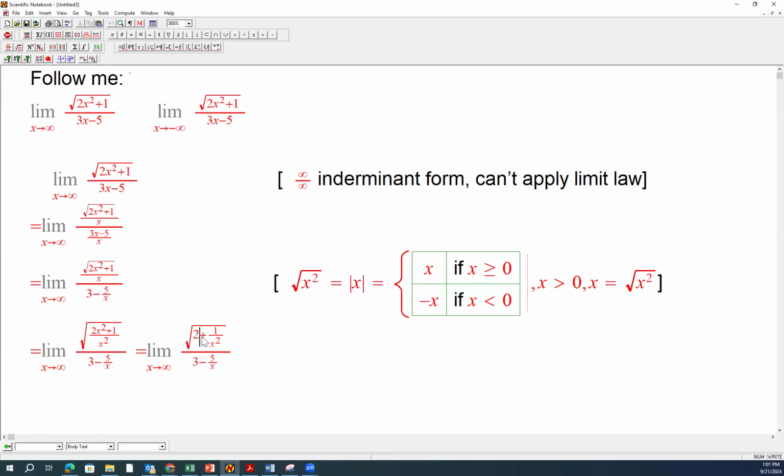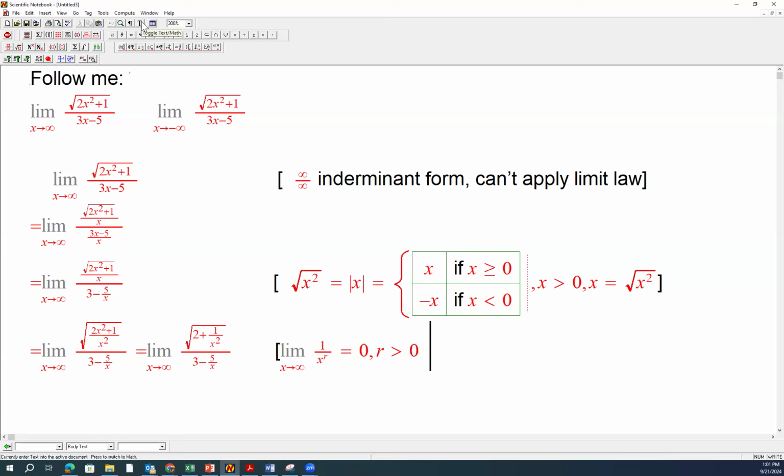Now we have the limit and the square root. The 2 and 3, when x is approaching infinity, are constants, so by the limit law their limit will be the same as the constant. For the other ones, we have this property we learned before: as x approaches infinity, 1 over x raised to the power r equals 0, provided r is positive.